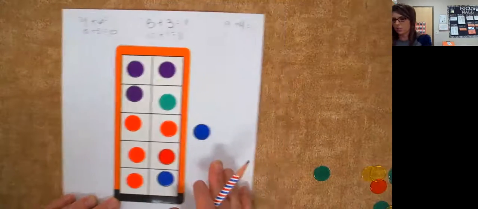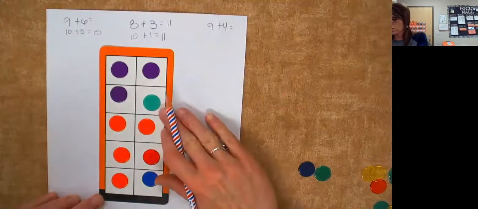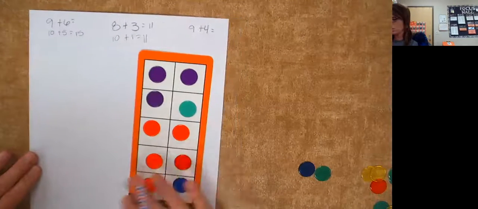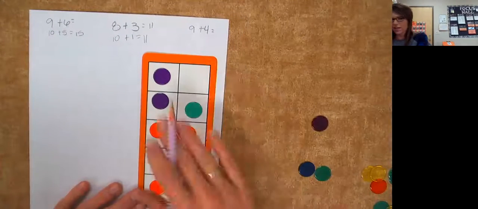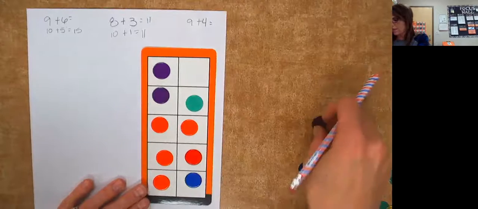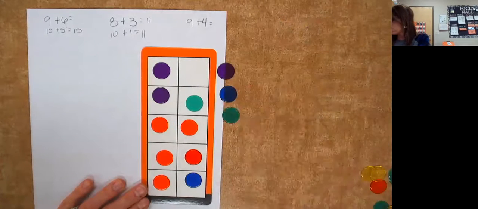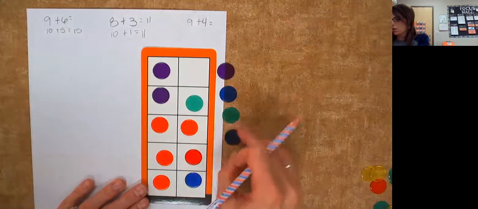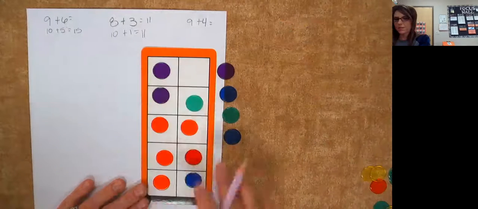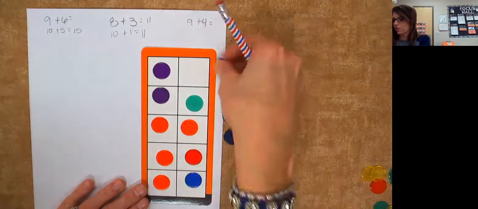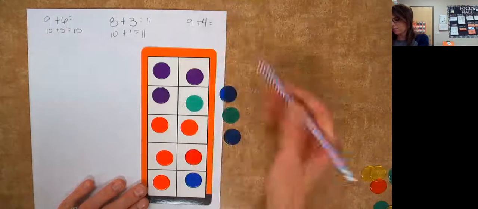Okay, let's jump over here and do 9 plus 4. So I'm just going to slide my tens frame over to go under this problem. Let's say I have 9 here, and I need to add 4. So I'm going to go 1, 2, 3, 4. But I want to fill up my tens frame, so I'm going to pop one of these over here and make it 10 plus 3.